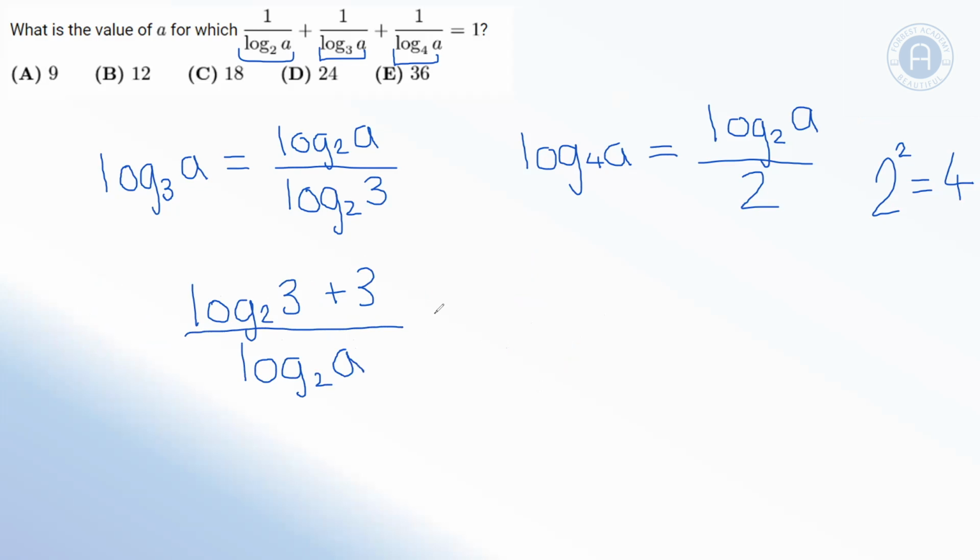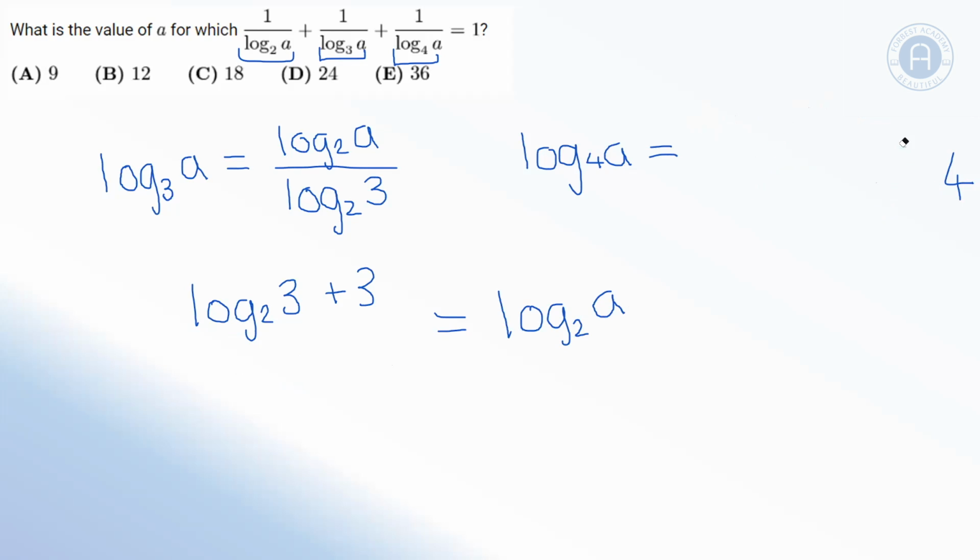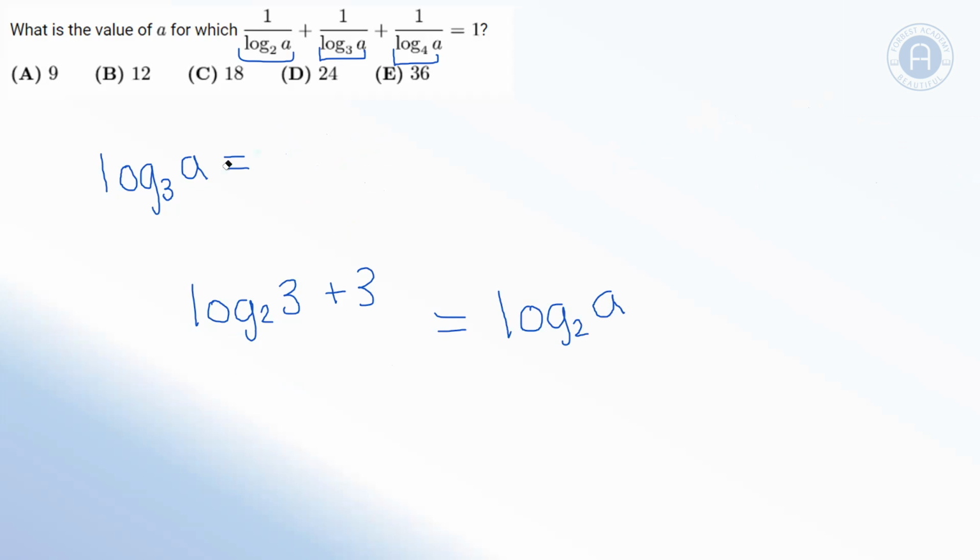And that currently is equal to 1, according to our question. So what I'm going to do is multiply up by my denominator, and we're going to get that log 2 of 3 plus 3 is equal to log 2 of A. Now, we're almost finished this question now. The last thing we need to deal with is the fact that on our left-hand side, we currently have a log plus a constant. And what we'd really like is log base 2 on both sides and no constant.